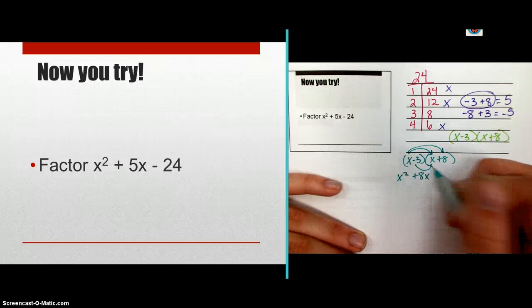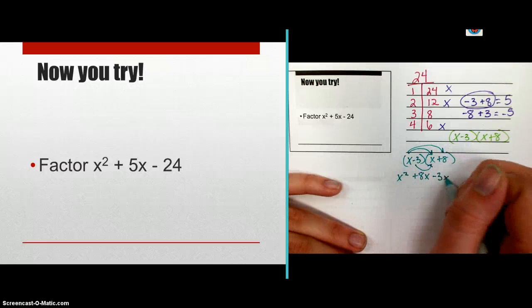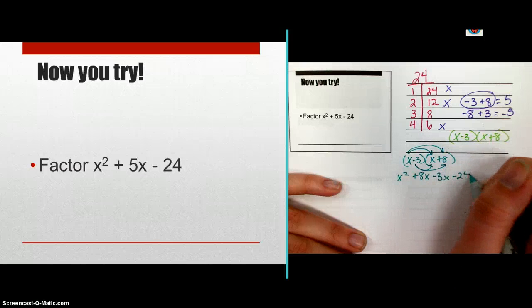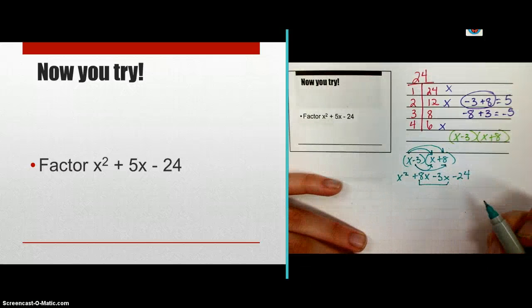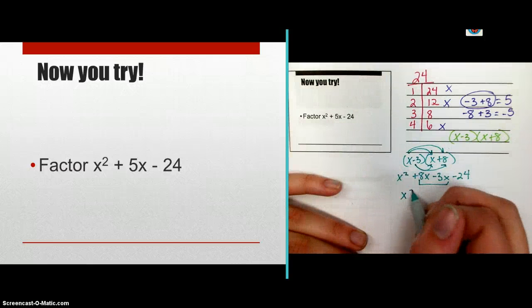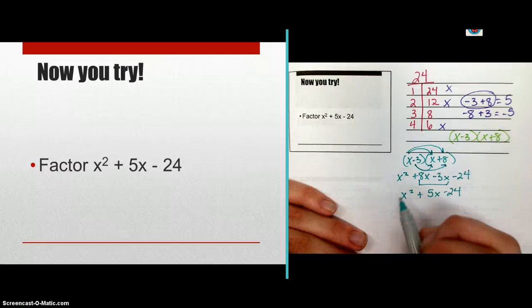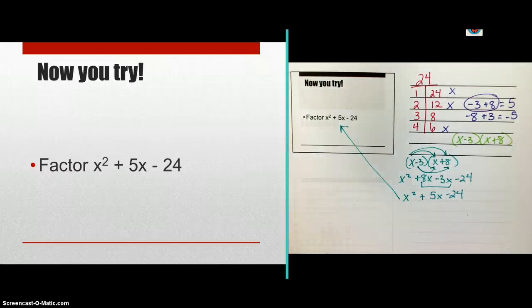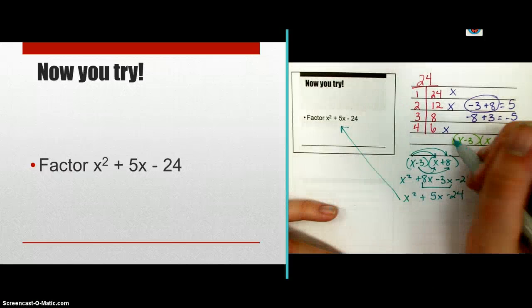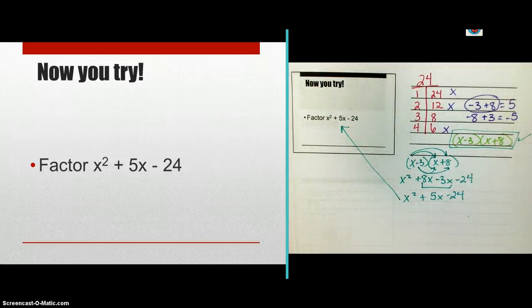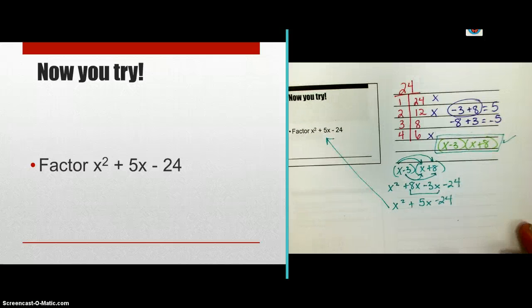Negative 3 times x gives me negative 3x. And negative 3 times 8 gives me negative 24. I want to combine like terms here in the middle. I get x squared plus 5x minus 24. This does match my original equation, so my factors that I got are correct. Make sure you always check your work to make sure you got the correct factors.